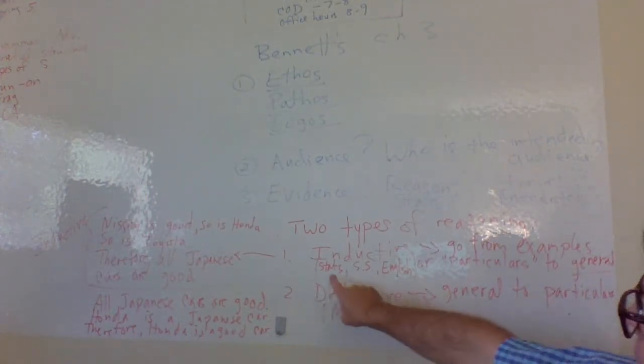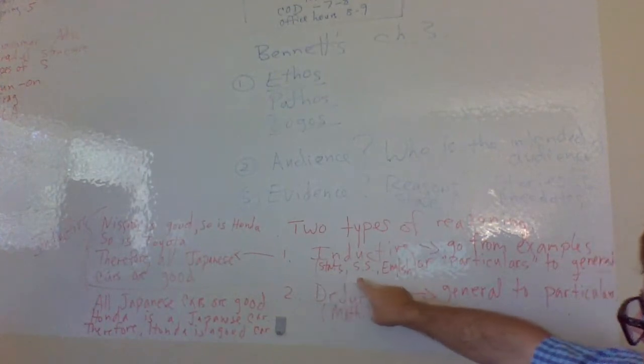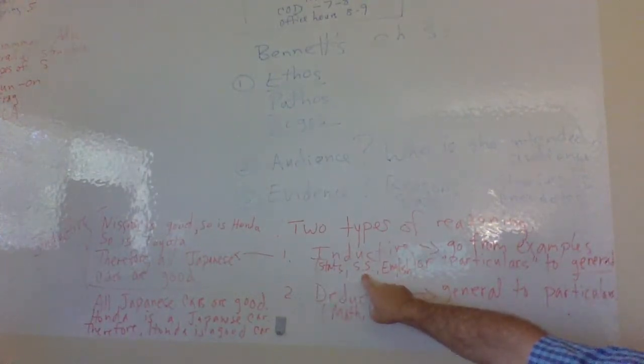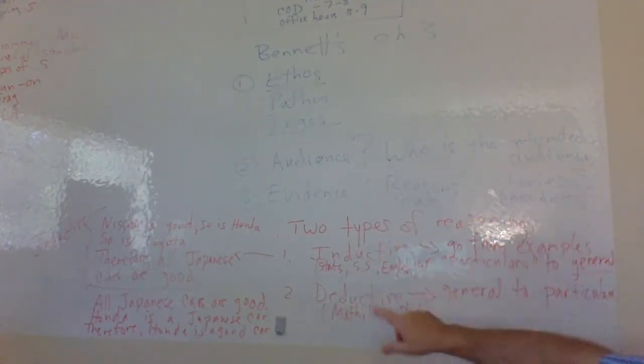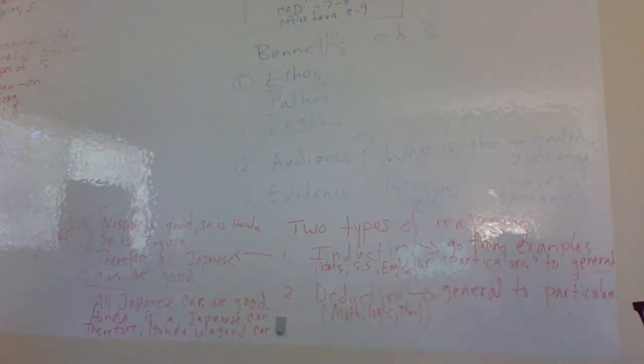You're going to use inductive reasoning in statistics, social science like sociology, psychology, even English class to some extent, at least Comp 101. So you go from the particulars to a general conclusion.